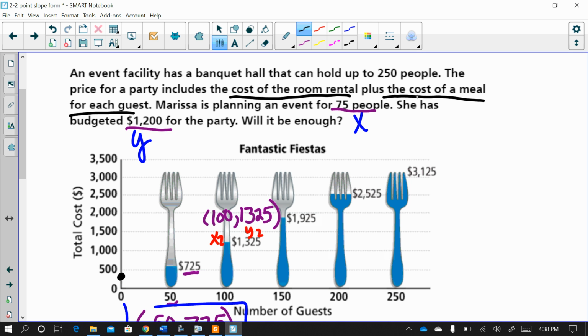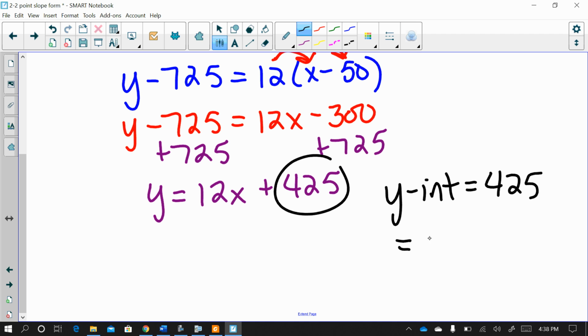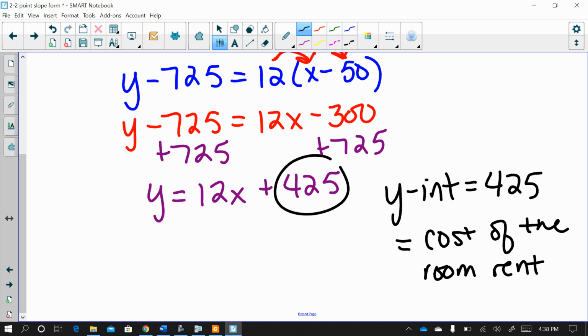So the cost of a meal per guest, that would be your slope, and that was $12. It costs $12 to feed each person. So if I have 0 people, that costs me $425. So that is really the cost of the room rental. So this y-intercept is the cost of the room rental, and you can tell that because you are paying for 0 meals.